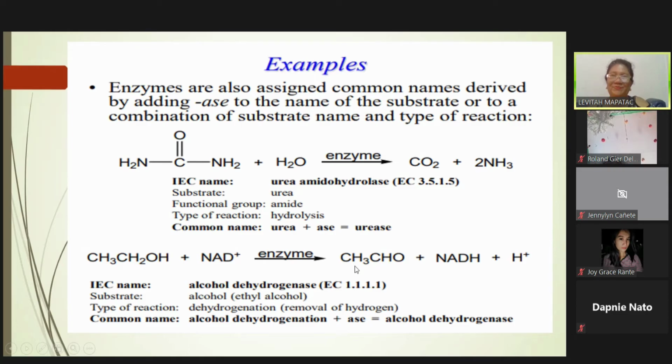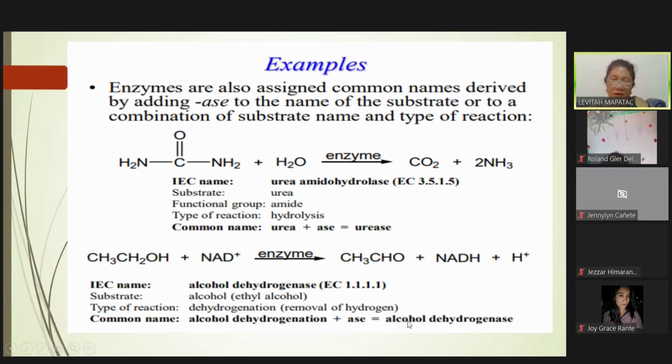Okay, this is an ethanol. So what happened here? Common name: alcohol. The process is dehydrogenation. Remove the "ene" and add "ase". Then what is now the common name of your enzyme here?